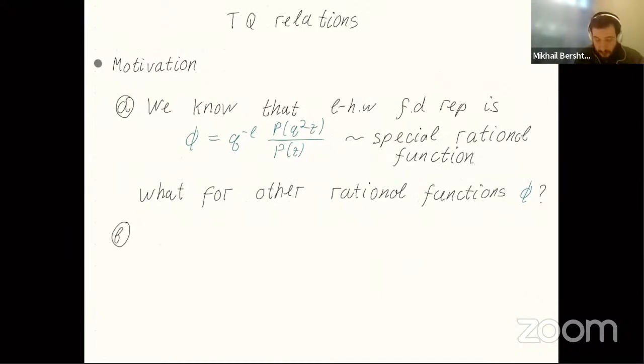Motivation B is not so naive, so it uses some black box, namely Baxter relations.